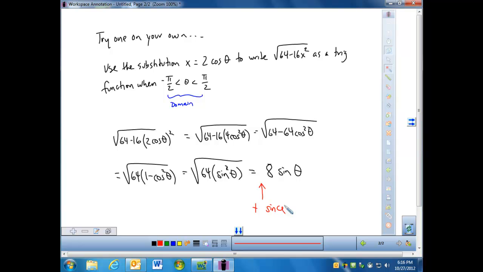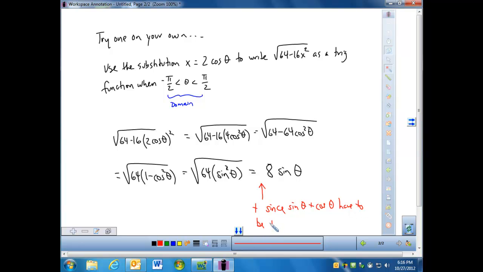Any time that you're given a problem like this and the square root is already given to you, it can be assumed that you're looking for the positive answer here. Don't get caught up in when is sine positive or cosine negative or anything like that. It really just boils down to the fact that the square root is there.